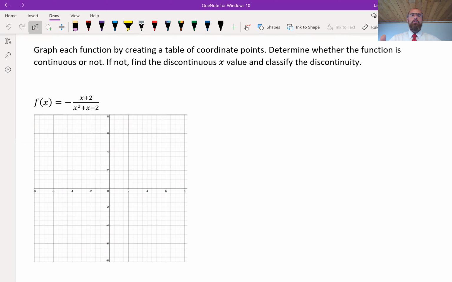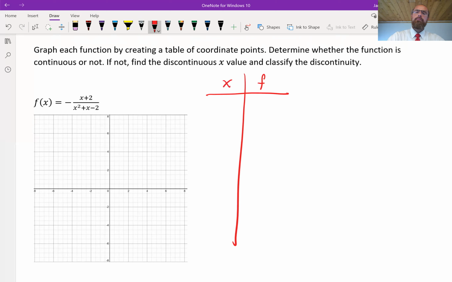So I want to start off by really just looking at the function and graphing it. So here I'm going to create a t-chart like we've done. And a lot of times a t-chart's very useful for investigating limits. It's also very useful to sketch a graph.